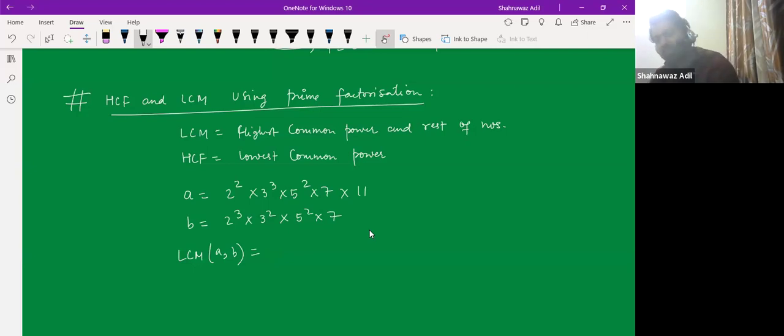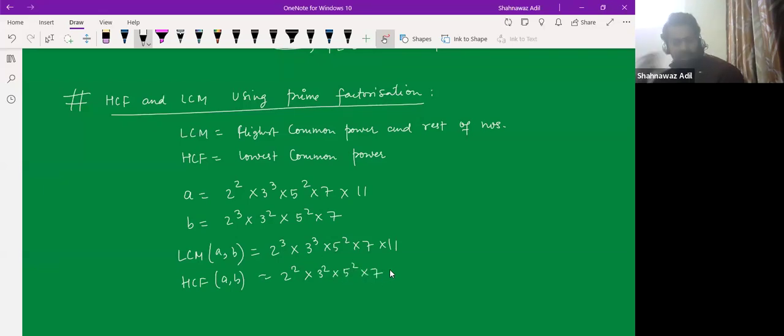LCM would be 2 cube into 3 cube into 5 square into 7 into 11. And HCF would be 2 square into 3 square into 5 square into 7. Good, absolutely correct. So these are the LCM and HCF.